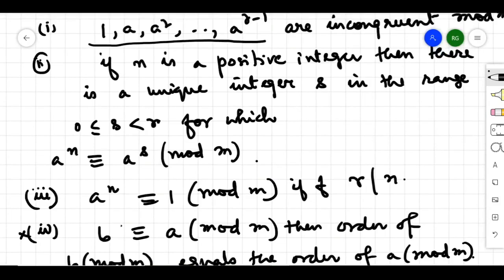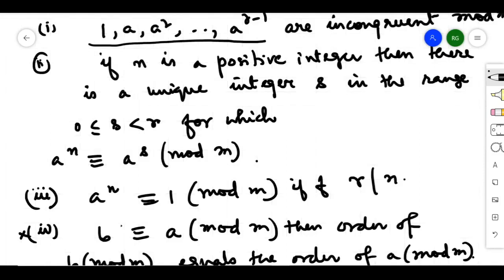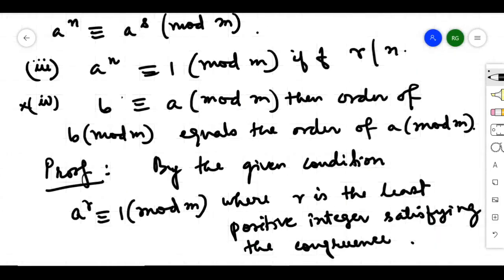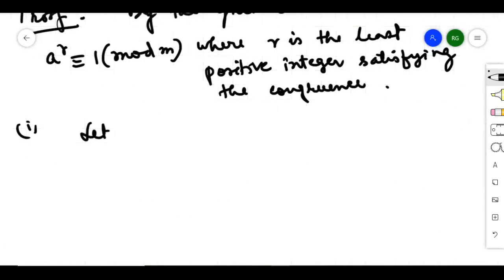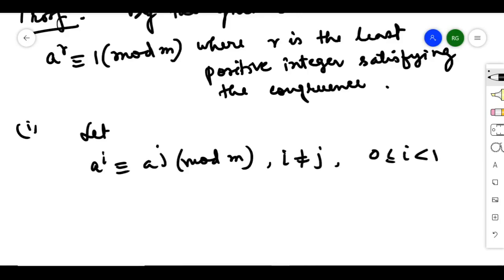Say a to the power i is congruent to a to the power j, where i and j are any two integers from 0 to r minus 1. So let a to the power i be congruent to a to the power j mod m, where i is not equal to j, and let us take j to be greater than i and less than or equal to r minus 1.